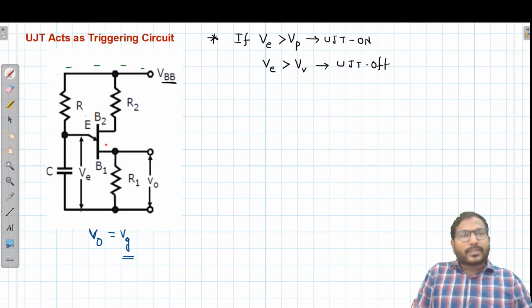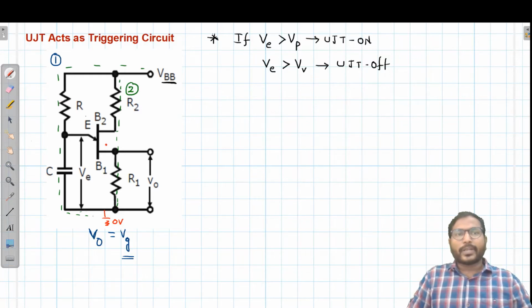The dotted lines represent the paths of current flow, and the lower branch of this circuit must be connected to ground, having 0 voltage potential. This is the first path, and the second path from the supply, to flow current, passes through the UJT. This is the second path from the supply to the neutral or ground point.